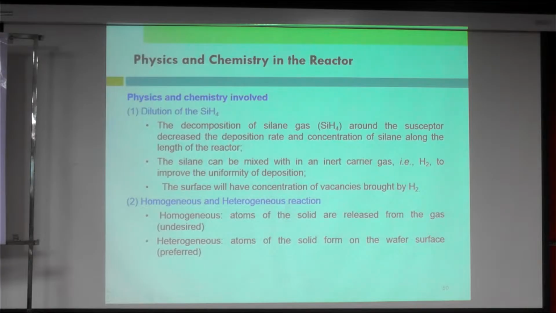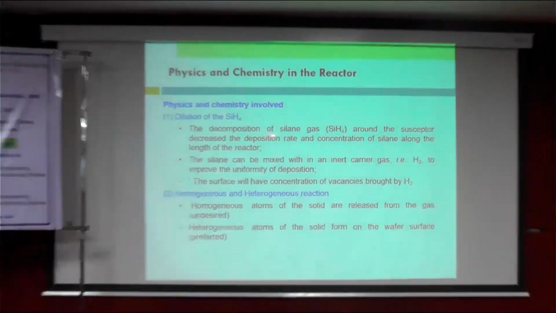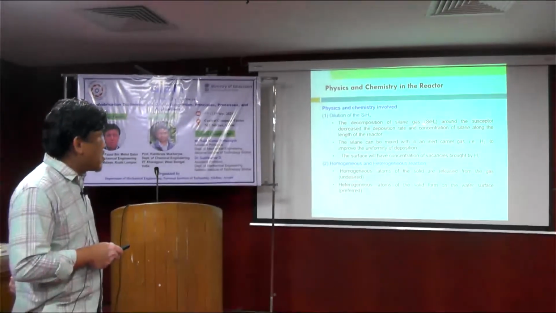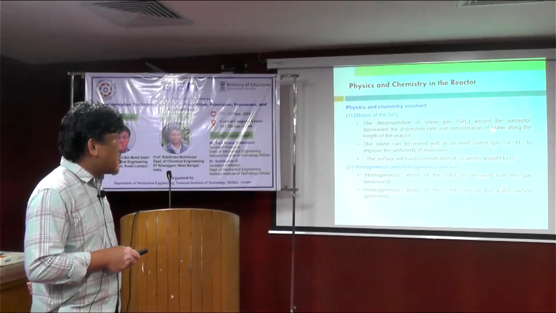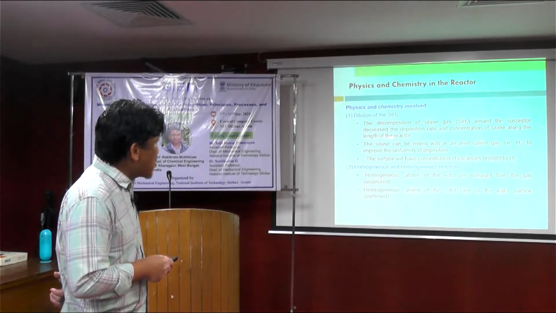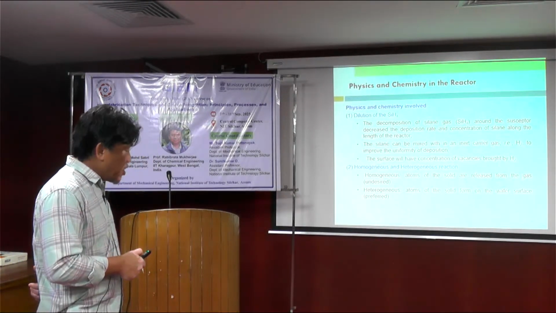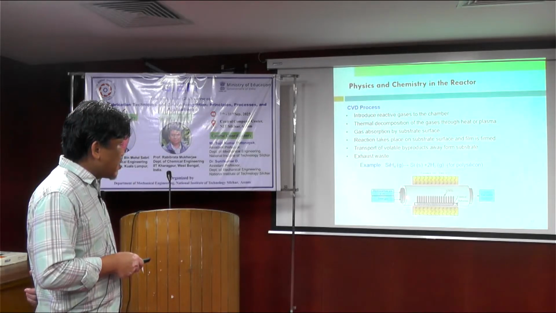So the physics and chemistry involved: dilution of SiH4, basically the silane gas, and the decomposition of the silane precursor around the susceptor decrease the deposition rate and concentration of silane along the length of the reactor. So we have the reactor in this manner, right?